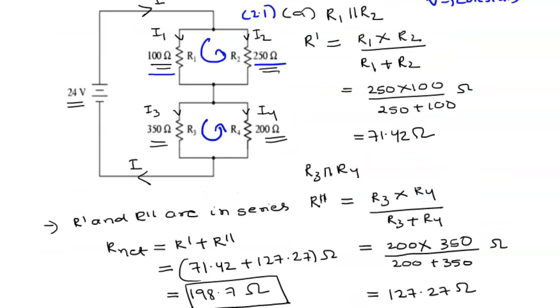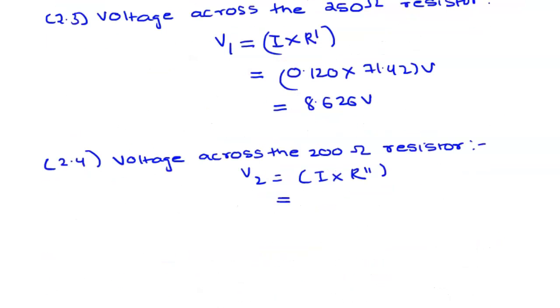This will be the potential across the 350 and 200 ohm resistances equally, and the total potential here is equal to the total current I multiplied by the total resistance R double dash. Putting the values, this is equal to 0.120 multiplied by 127.27 volt, and this we get to be equal to 15.372 volt. So this will be the voltage across the 200 ohm resistor.